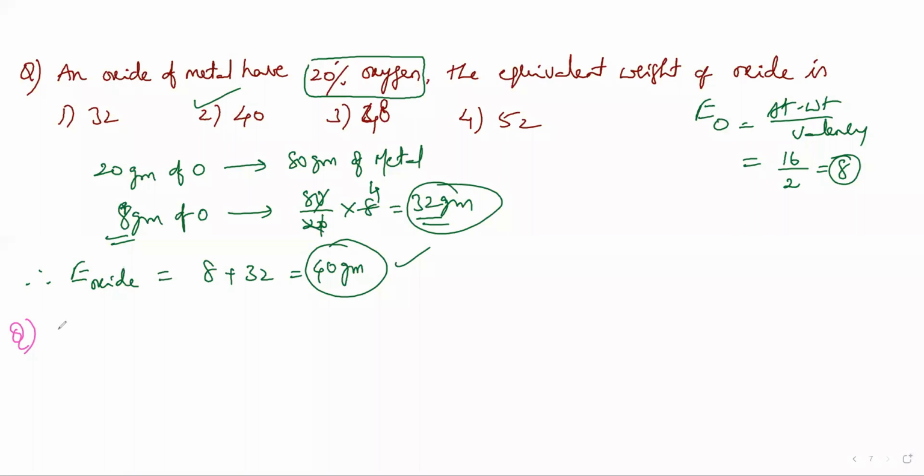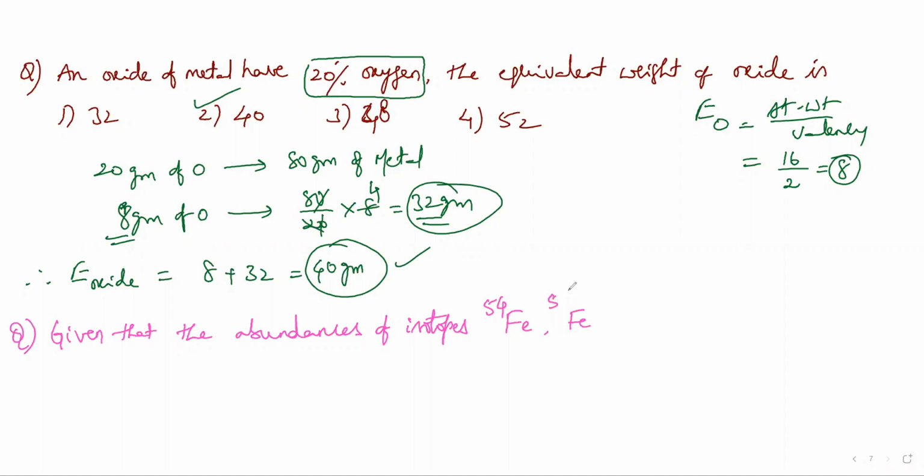Given that the abundances of isotopes iron-54, iron-56, and iron-57 are 5%, 90% and 5% respectively.